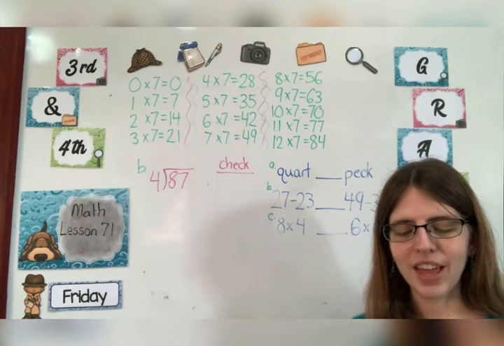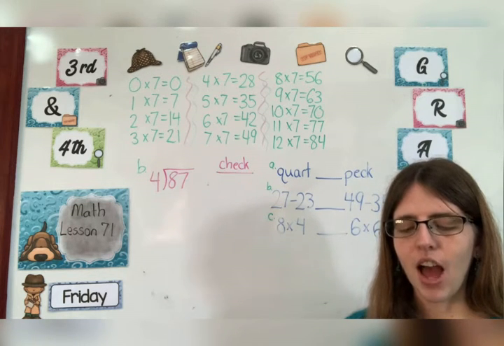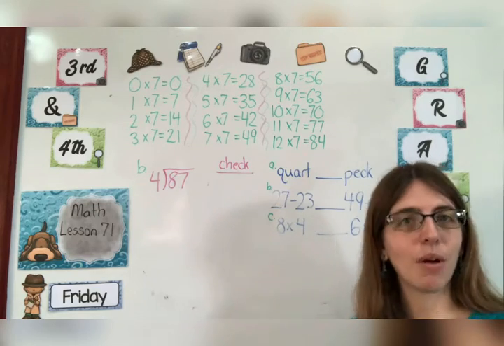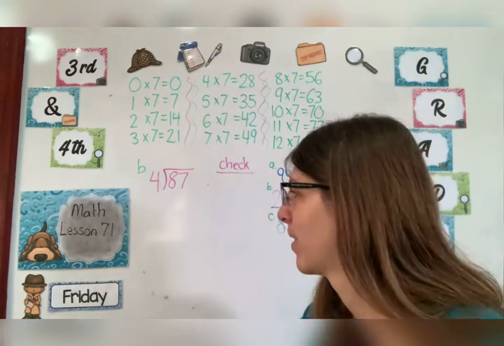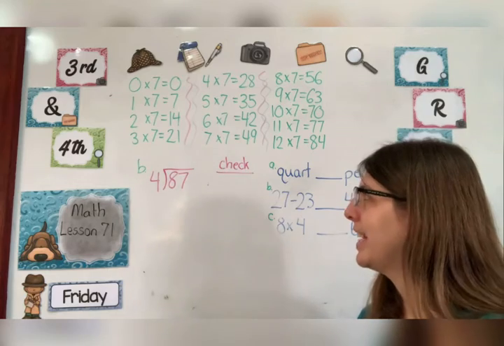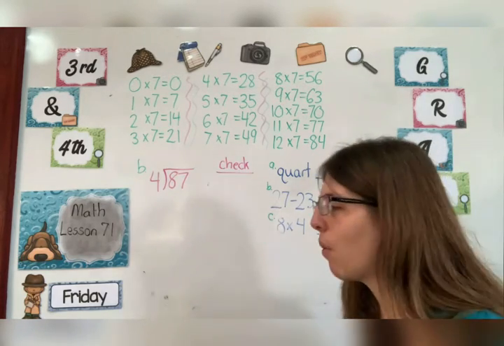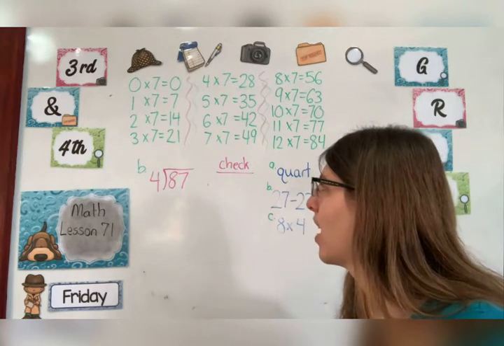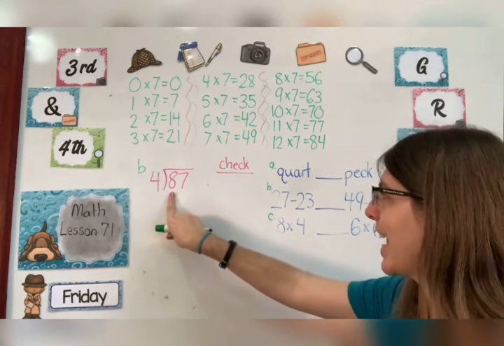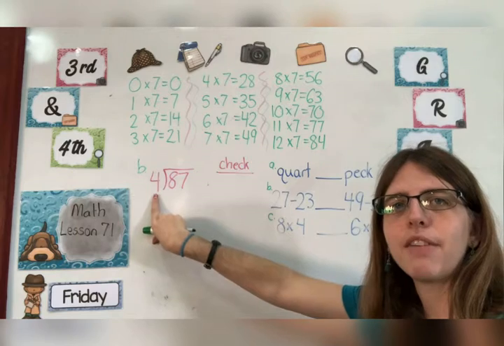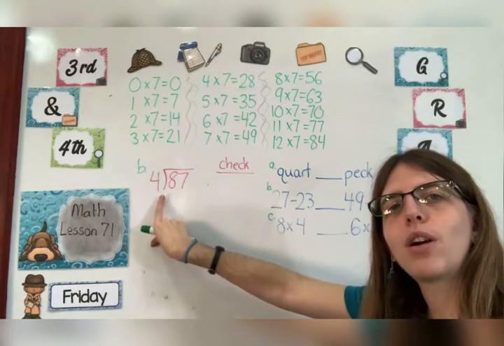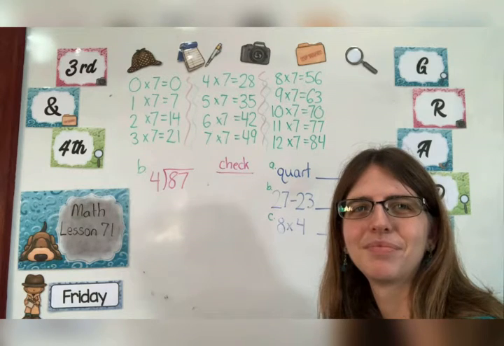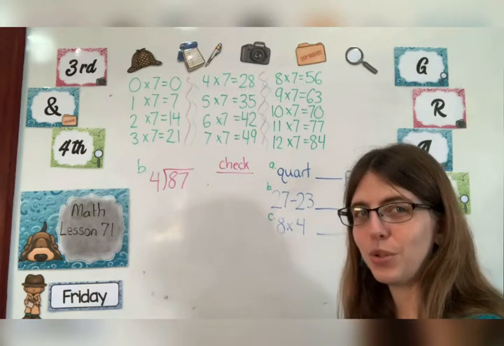Okay, number 5, divide and check. I'm going to do letter B with you. You have to do letters A and C on your own. Okay, 87 divided by 4. I'm going to start with my first digit, 8. 8 divided by 4. How many times does 4 go into 8? 2 times.